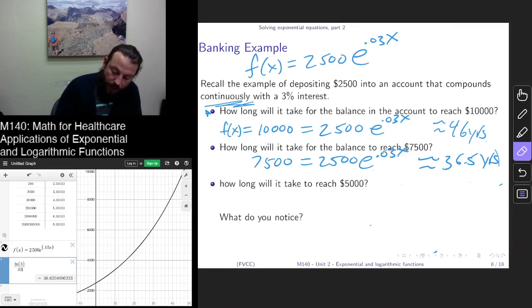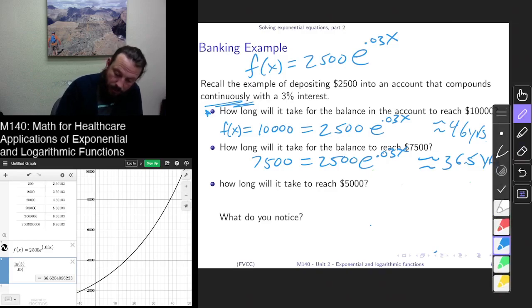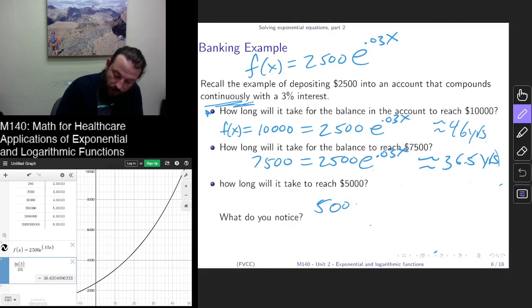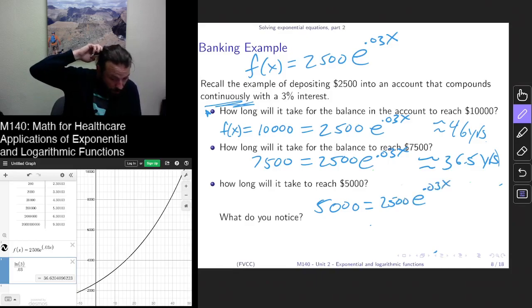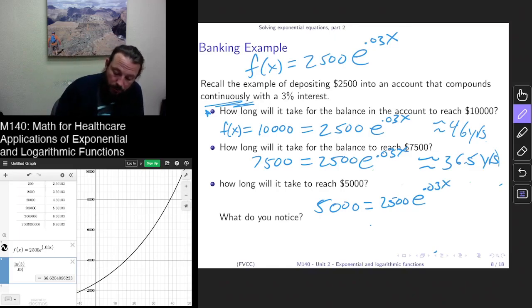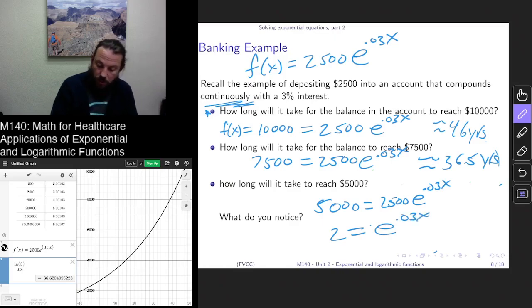Now, lastly, how about 5,000? Notice, there's another way to ask this. We can write down our algebra, 5,000 equal to 2,500 e to the 0.03x, and this is going to be: how long would it take for your money to double? All right, so we divide and we get 2 equal to e to the 0.03x. We're going to use our natural log of both sides to get that variable out of the exponent.